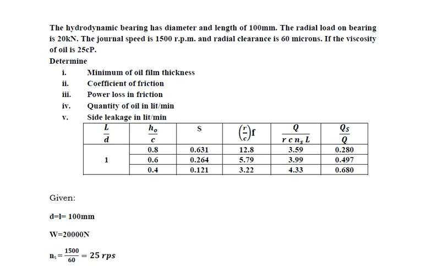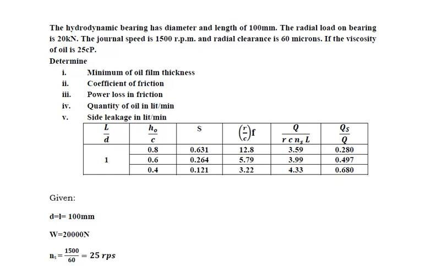The design variables are those whose values are either given or can be controlled by the designer, while the performance variables are those which tell how the designed bearing will perform.